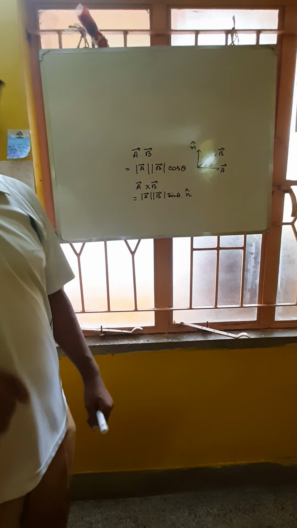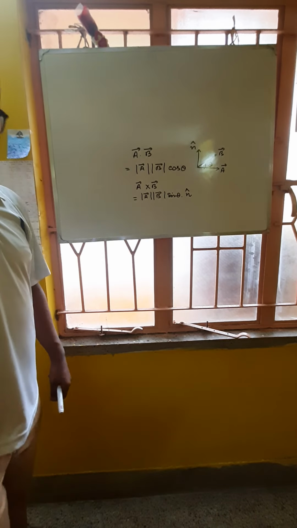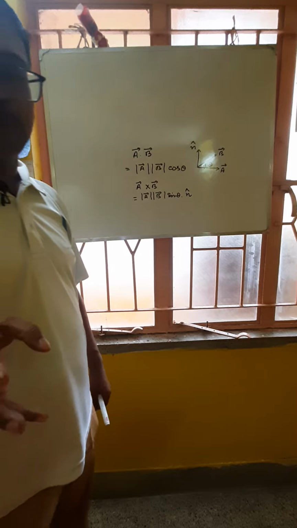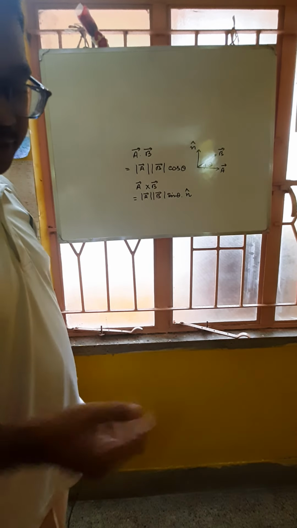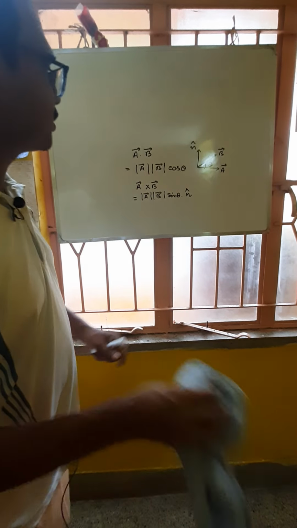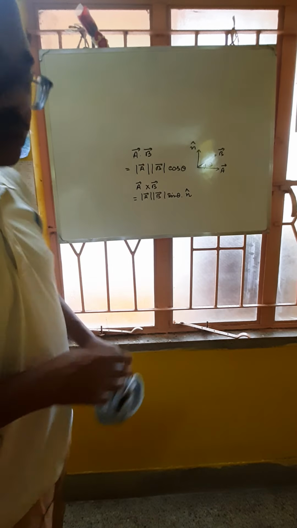The next thing, we are doing this class taking into account that we know the basics of vectors. That means we have already gone through position vectors. We have discussed the position vector in different classes, and they will be given on the YouTube channel also. Today's class is about only vector multiplication.